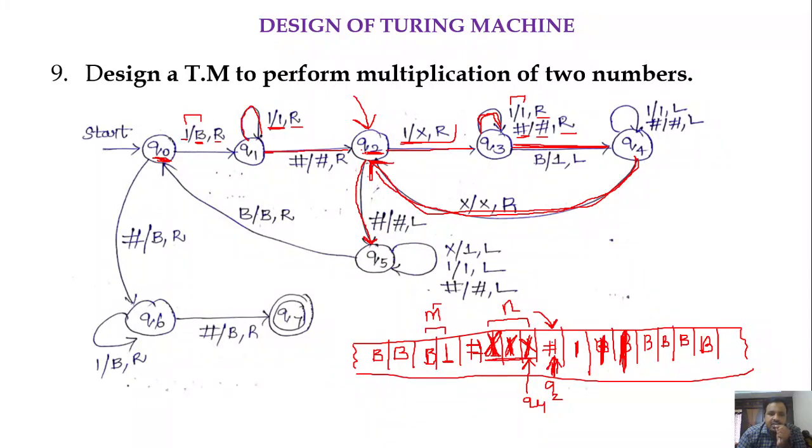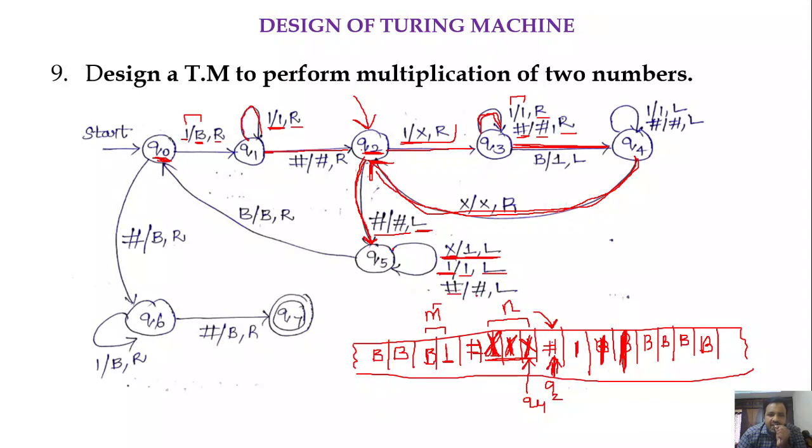See here in Q2, if we get a hash, keep that hash as it is and move the head towards left. While moving towards left, we will convert that x into 1. In Q5, if we get x, replace that x with a 1 and move the head towards left. If we get 1, keep that 1 as it is and move left.